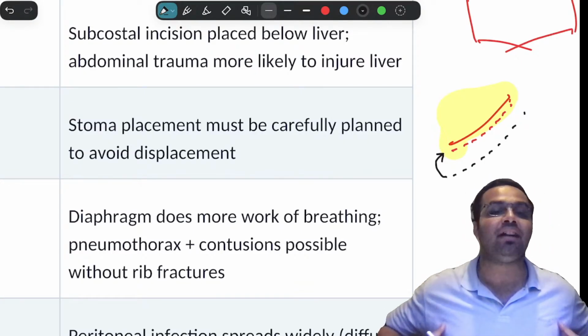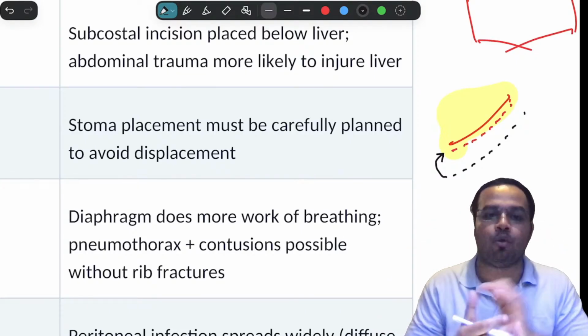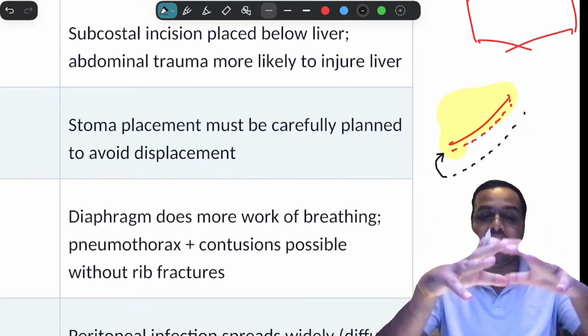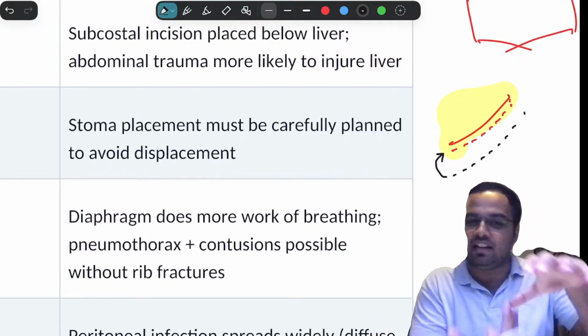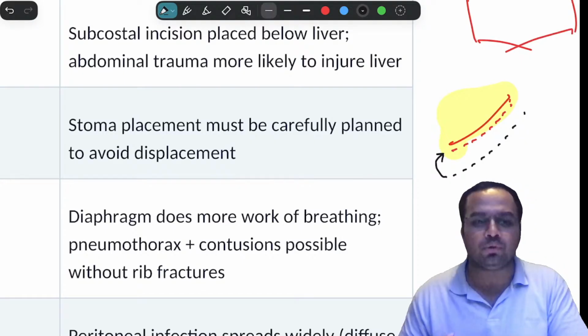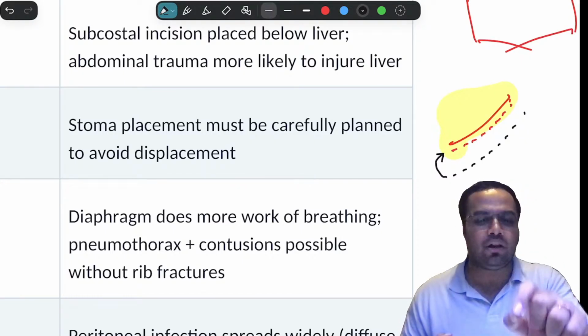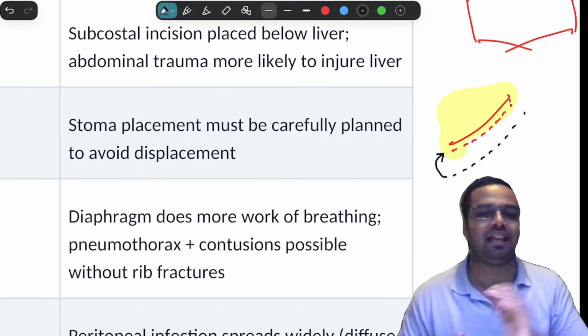The thoracic cavity is going to grow and it is going to come down to cover the liver. We are going to see the respiratory movements in the child, how they are going to be different. And the costal cartilage, when the costal margin is going to grow down, automatically the liver is going to go inside the costal margin. So always place an incision at least 2 to 3 centimeters below the costal margin, because if you need to explore the child later on in life, you can go from the same scar.